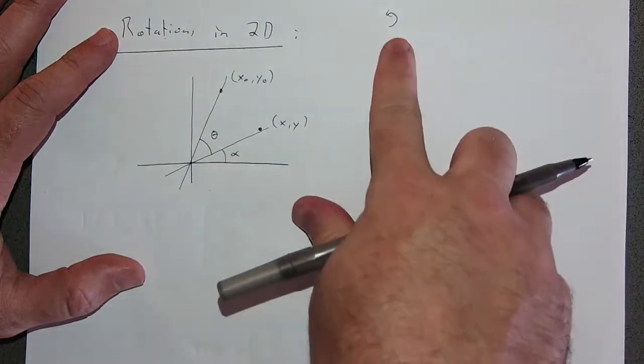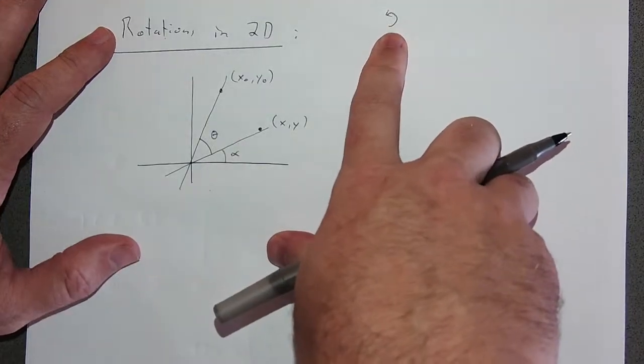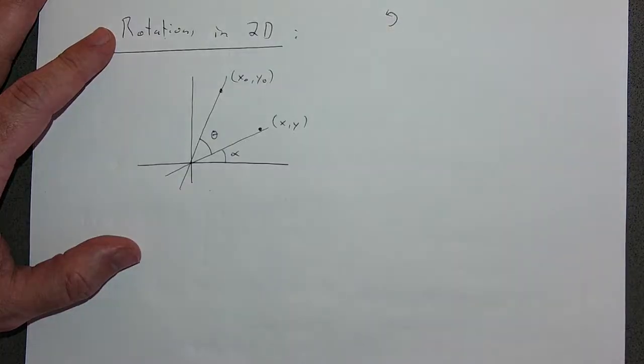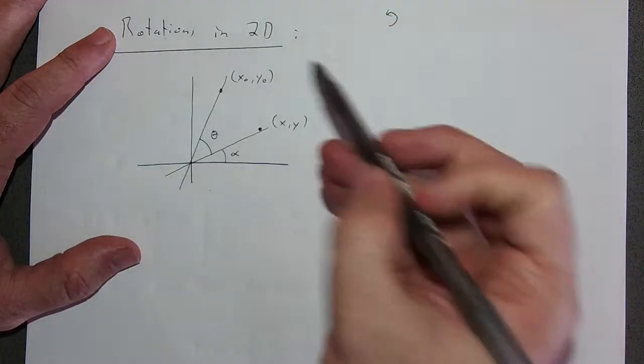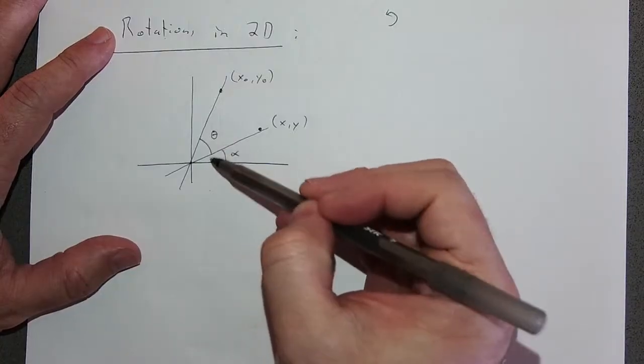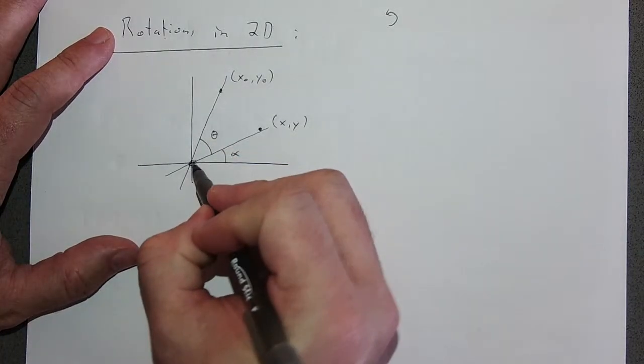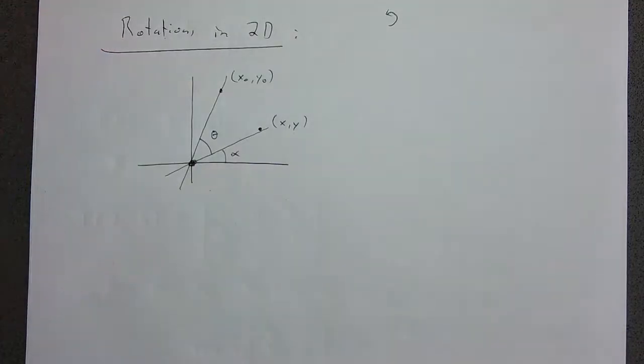Technically, I need to know if it's clockwise or counterclockwise, but we're assuming counterclockwise is the thing, so counterclockwise it is. So I need to know the angle that I'm rotating through, and I need to know the point that I'm rotating about. So the way that I have this set up is that I'm rotating about the origin.